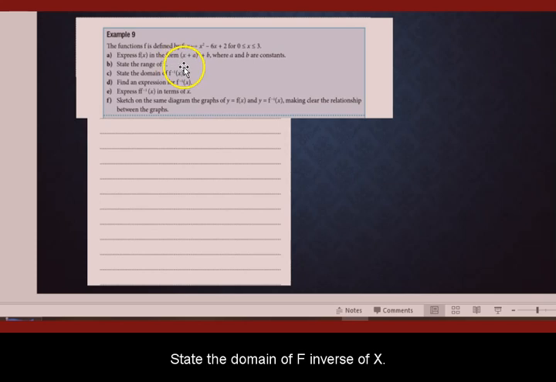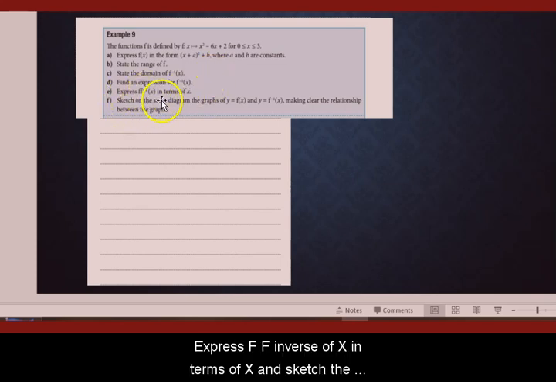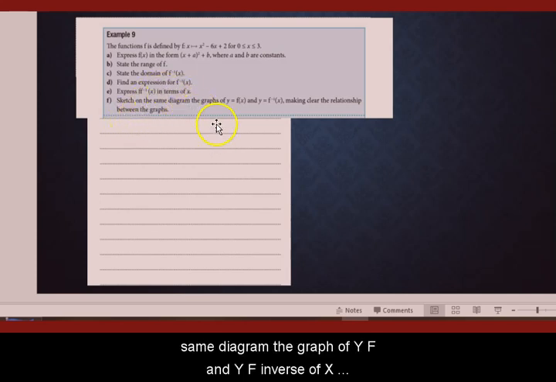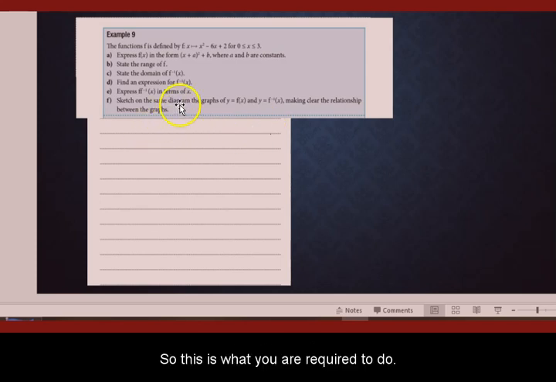State the domain of f inverse of x. Find an expression for f inverse of x in terms of x, and sketch on the same diagram the graph of y equals f of x and y equals f inverse of x, making clear the relationship between the graphs. So this is what you are required to do.